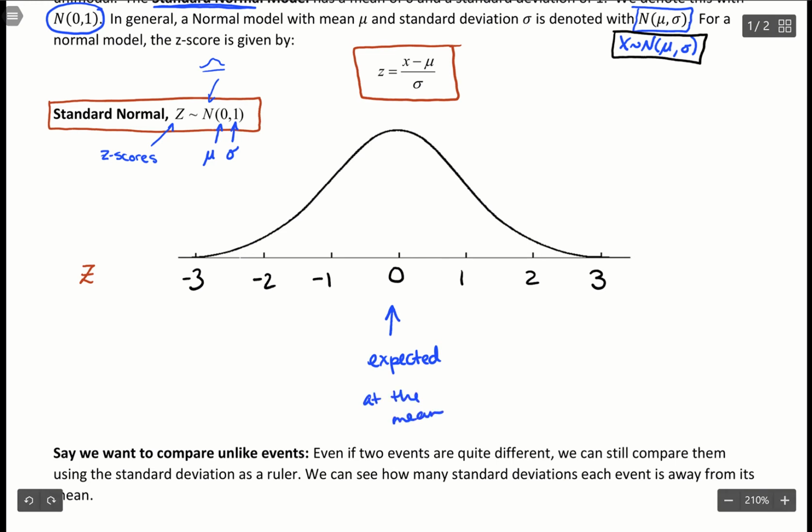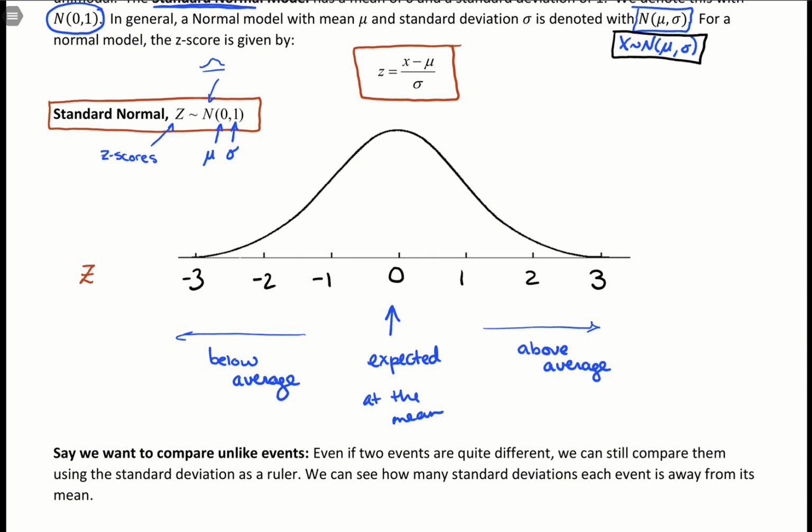Then, as you move above, if you're in this positive region, that means your value landed above average. And then if you're in the negative region, it means you're landing below average. What we also have is that rule that we talked about with the empirical rule, which is that if you get to 2 standard deviations or above, or 2 standard deviations and below, those results are considered unusual.